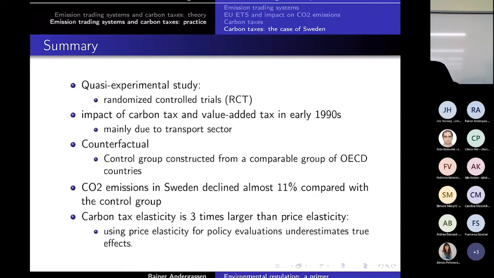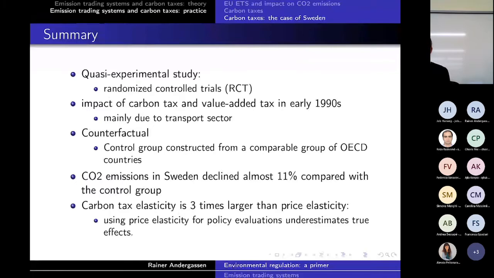Okay, so as I mentioned, Sweden is an ideal case because it started very early, in the 90s, and mainly in the transport sector. I'm going to give you some details here.